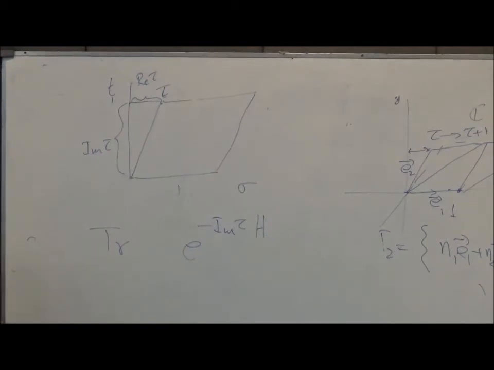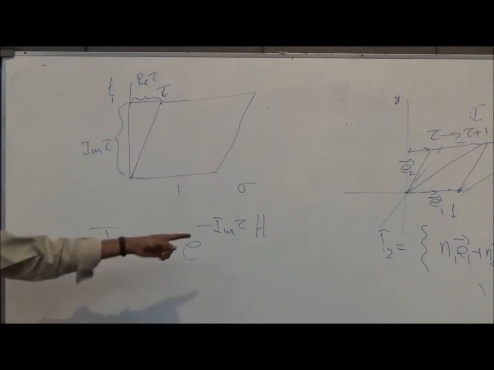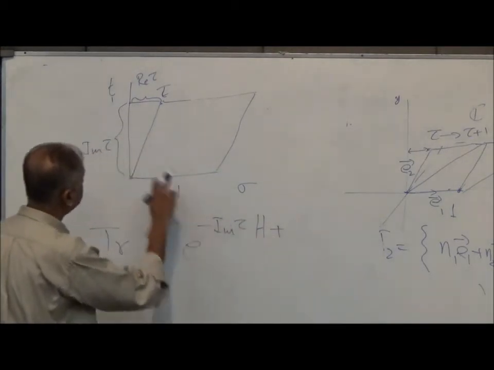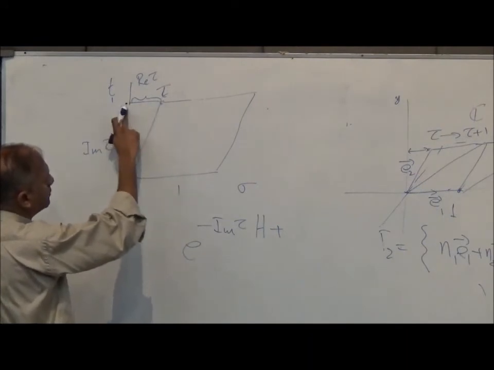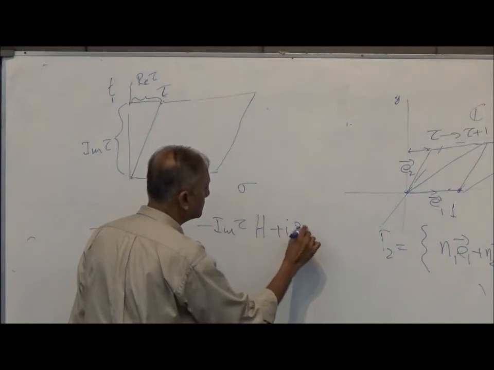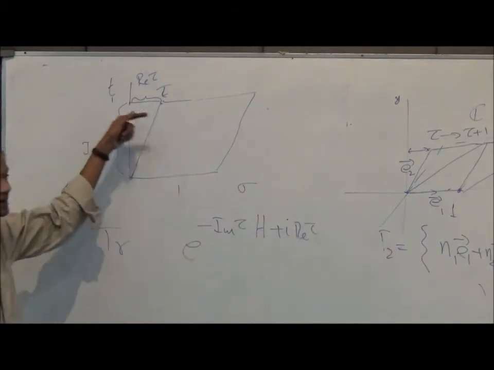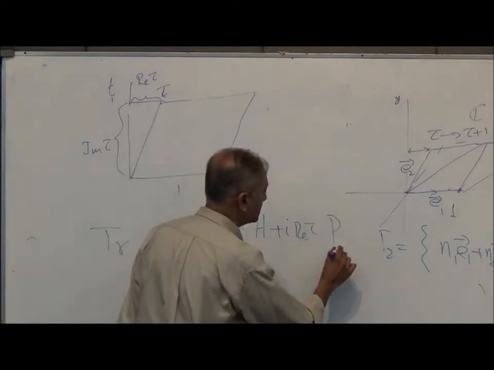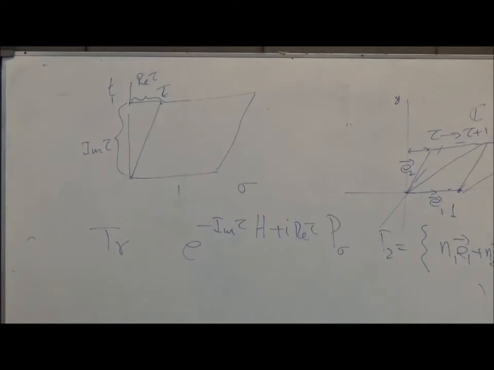I mean the 2-dimensional Hamiltonian, the world sheet Hamiltonian, im tau. And that's not enough because I also need to go along the sigma direction. So I times real tau times the generator of sigma translation, which is the momentum operator. Let me call it P sigma. This is the world sheet momentum, not to be confused with the space-time momentum. It's a world sheet momentum.